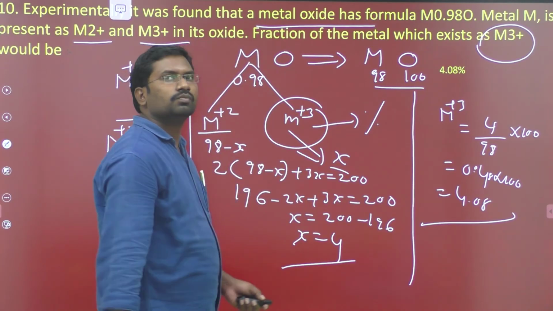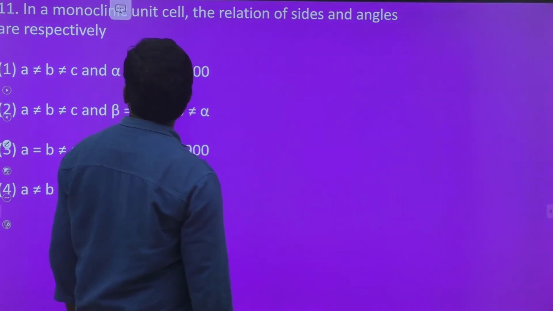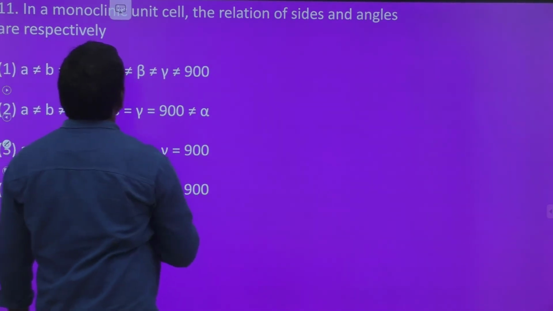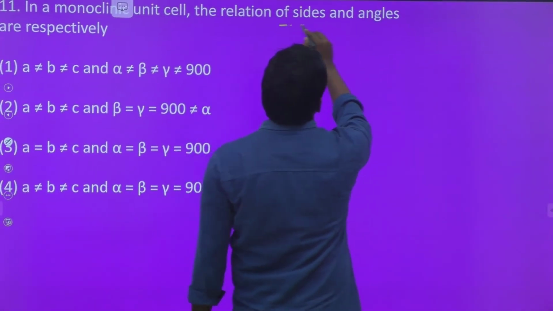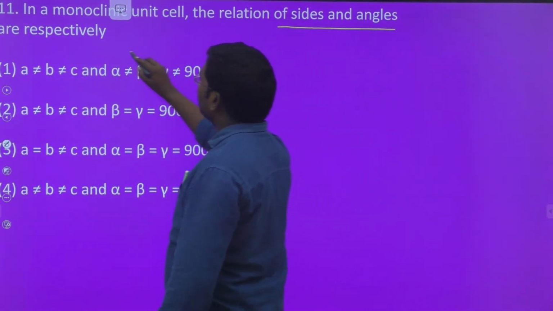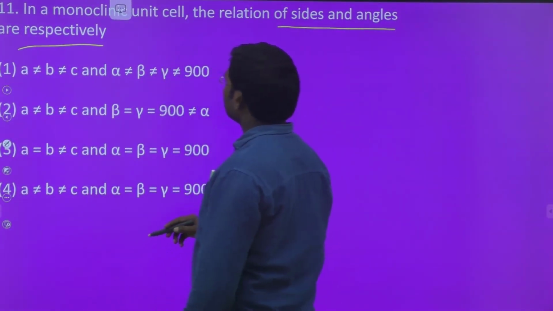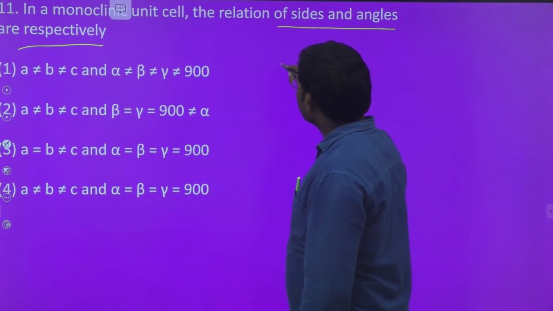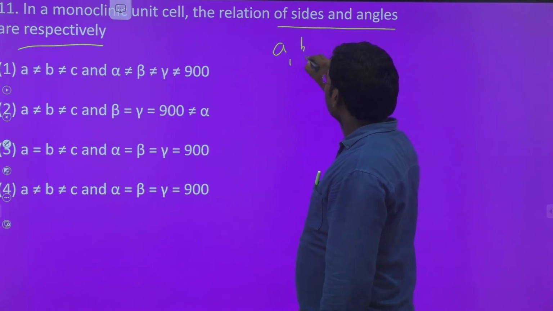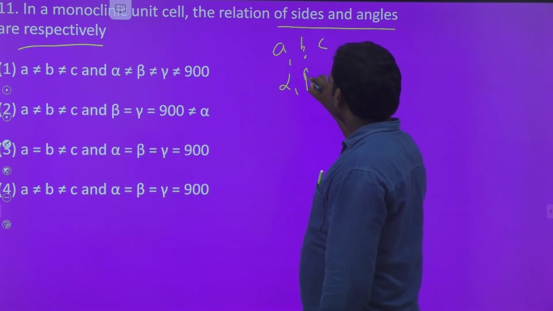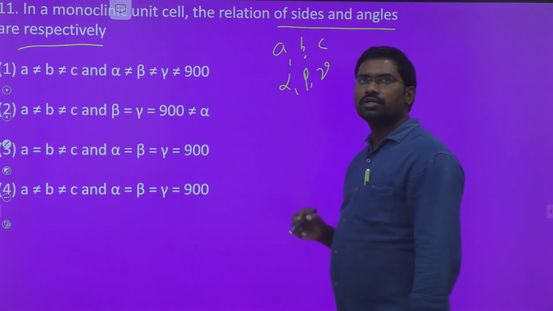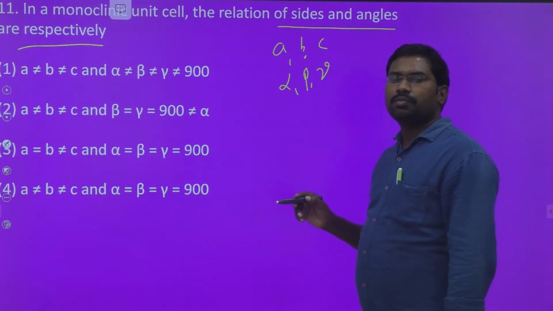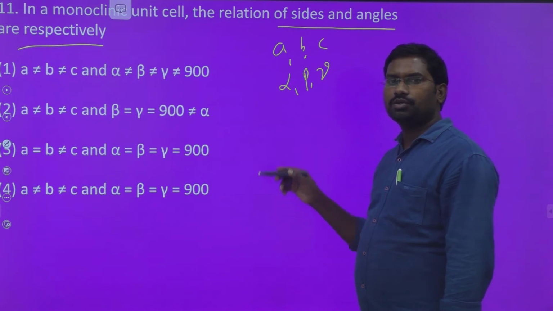And next one, in a monoclinic unit cell, the relation of sides and angles are respectively? Every unit cell is characterized by 6 parameters A, B, C, alpha, beta, gamma. Based on these 6 parameters, crystal systems are classified into 7 types.